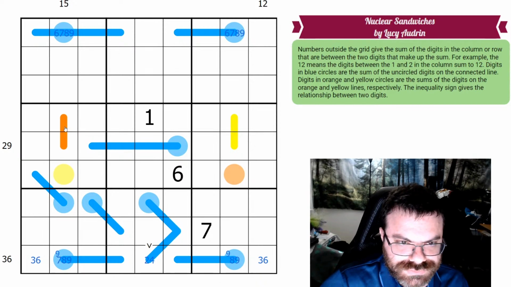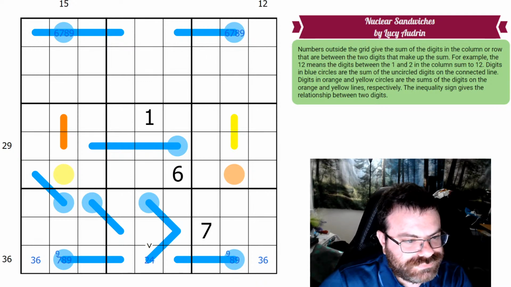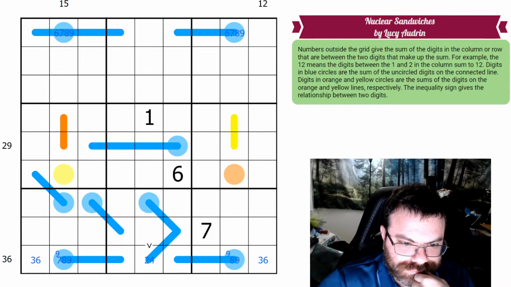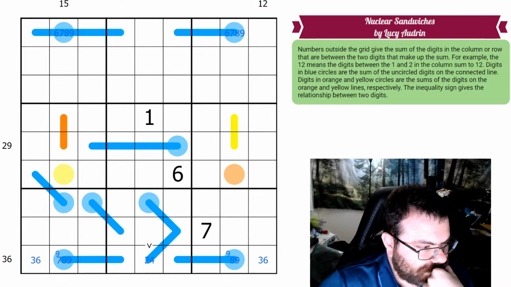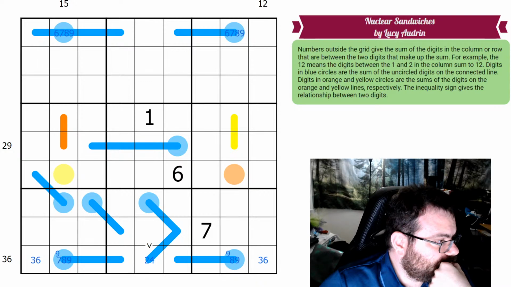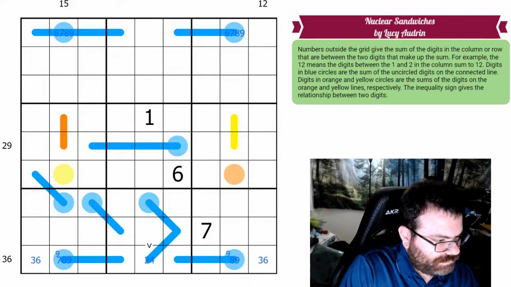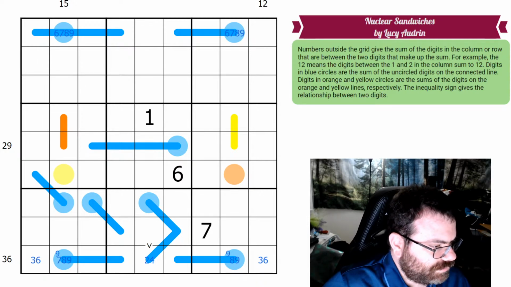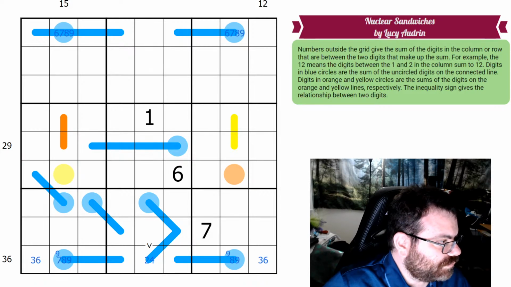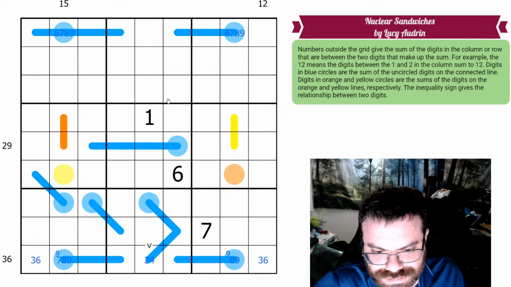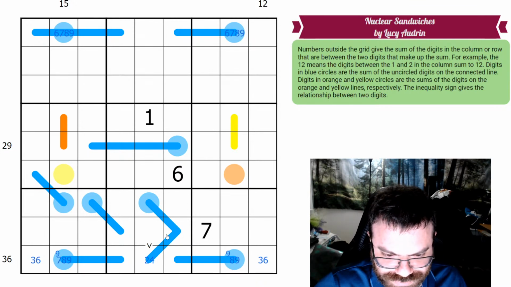Okay, I'm going to try to continue this, if I can figure out what to do next.